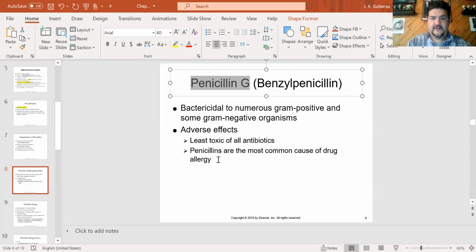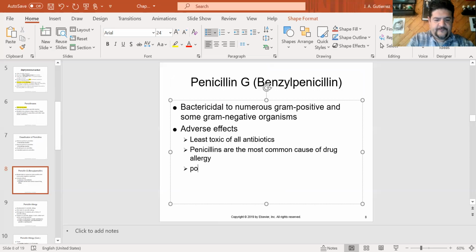So you might find it as potassium penicillin G. Be careful on this one, just in case they ask which penicillin can be used IV or intramuscular. That would be the most common one. Usually penicillin is very hard to find as a PO, unless it's a variation of a penicillin.